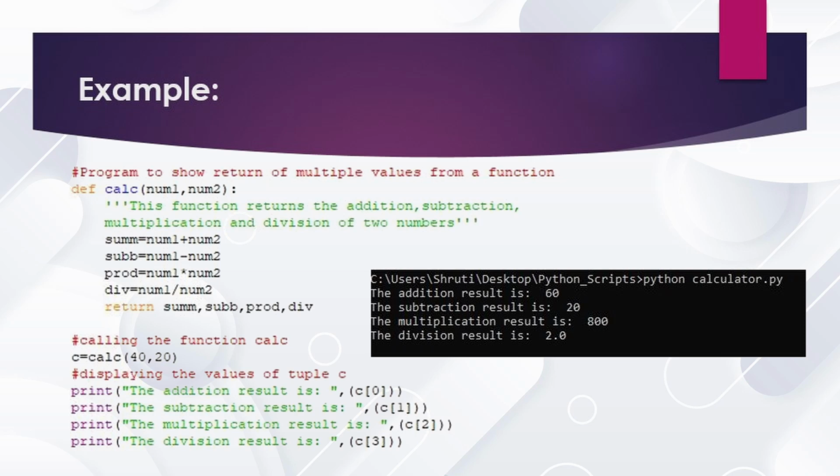This program highlights how Python allows functions to return more than one value at a time. By grouping multiple outputs together, it simplifies the process of returning and managing several results from a single function call. This approach is useful when multiple related computations are performed on the same set of inputs.